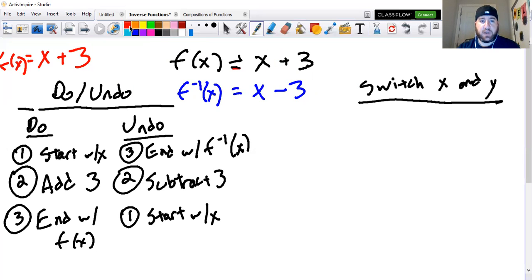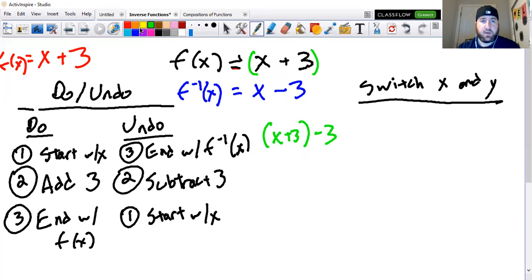You don't necessarily need to know this, but I'm giving y'all the idea and tying it into compositions. I could take either one of these and plug it in here. So I'm plugging in x plus 3 for x down here, and then I've still got this minus 3.